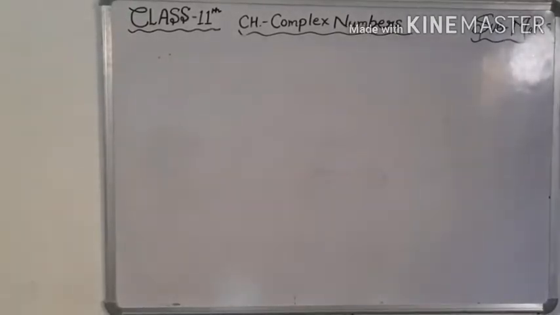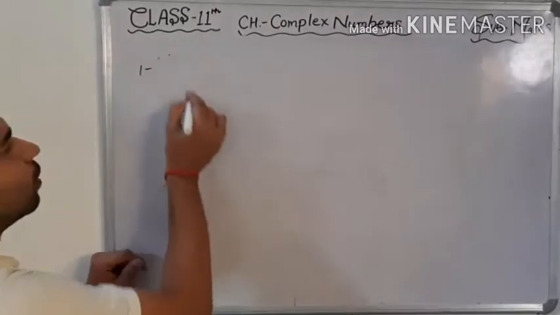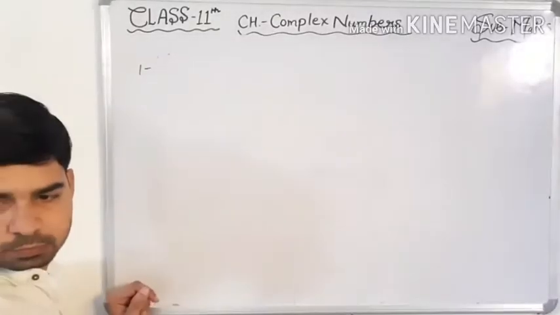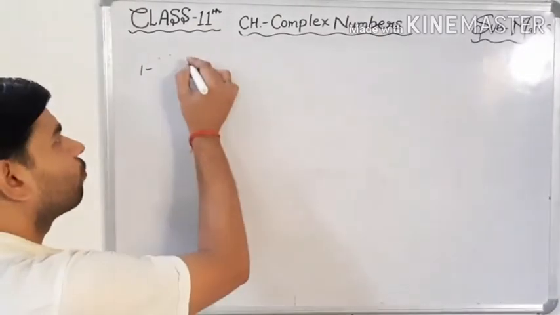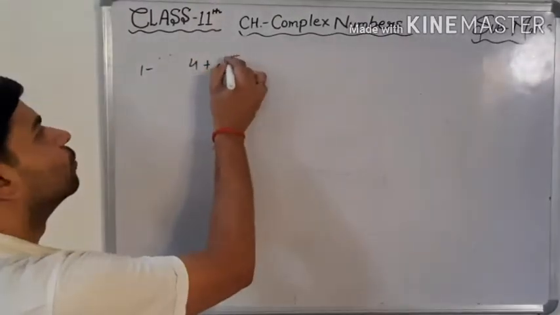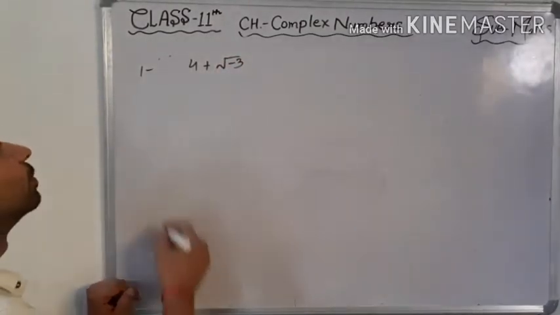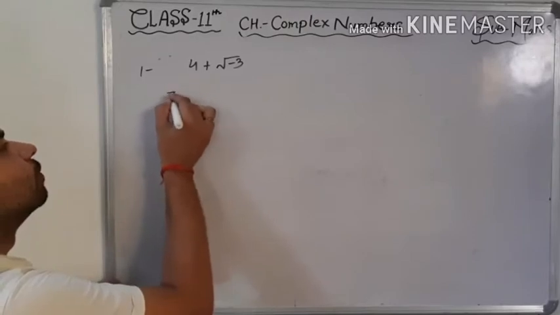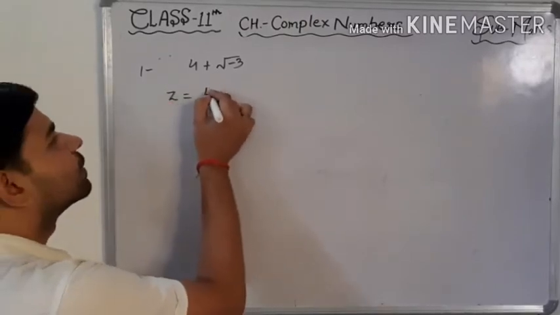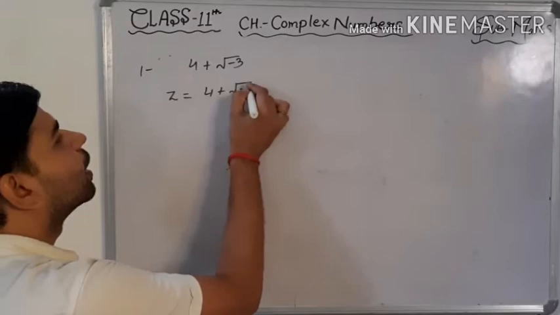First we have to find the modulus of complex number. We have given that 4 plus under root minus 3. Find the modulus of this complex number. First we will write z is equals to 4 plus under root minus 3.